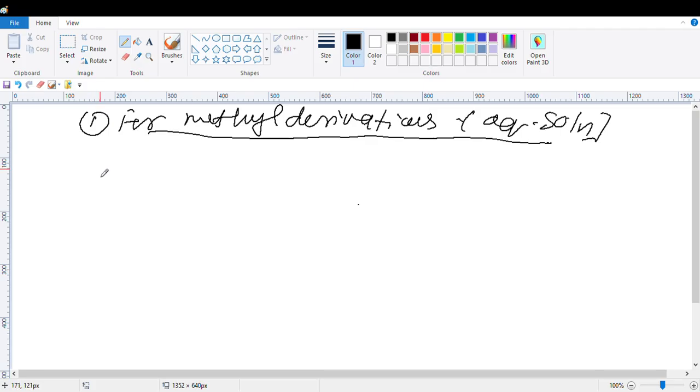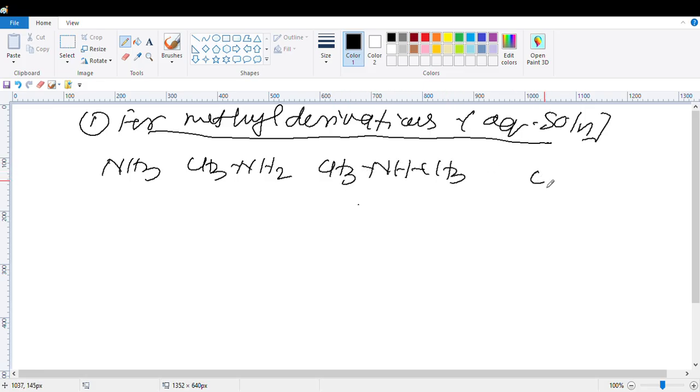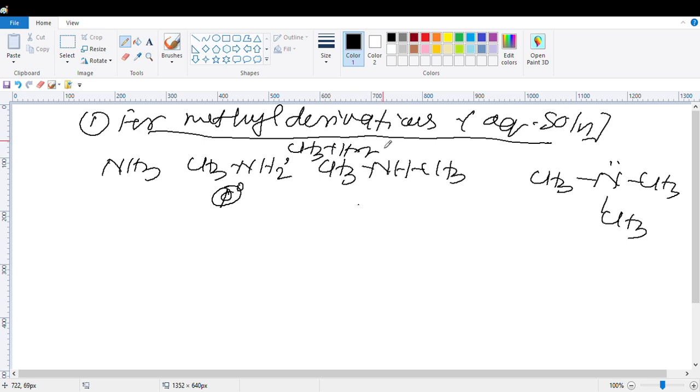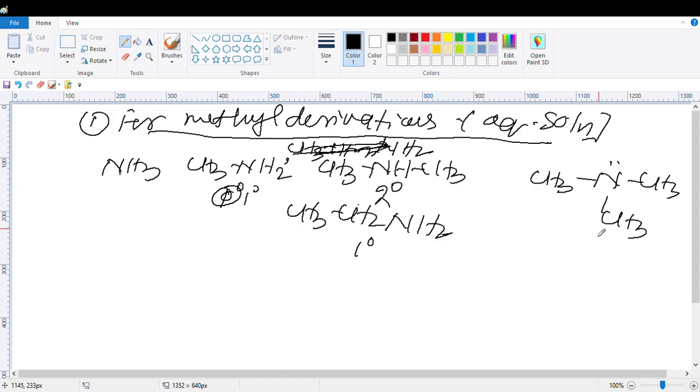The first is ammonia, second is methylamine, third is dimethylamine, and fourth is trimethylamine. These are all in aqueous solution. So this is 1 degree, methylamine, then CH3CH2NH2, one more we are taking, is 1 degree, and methylamine is also 1 degree. This is 2 degree and this is 3 degree.